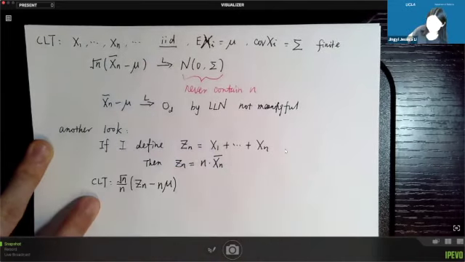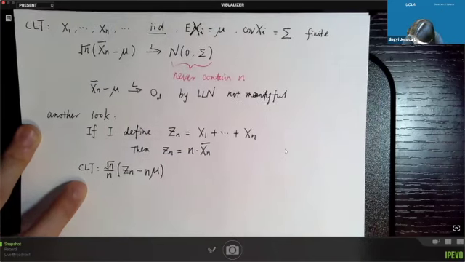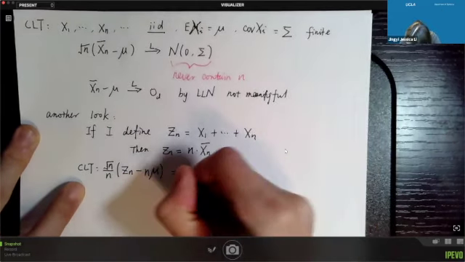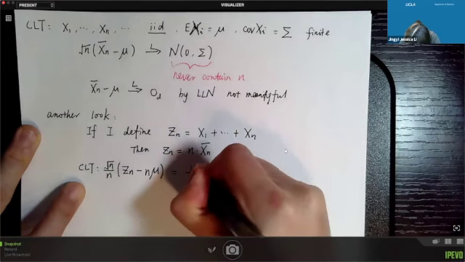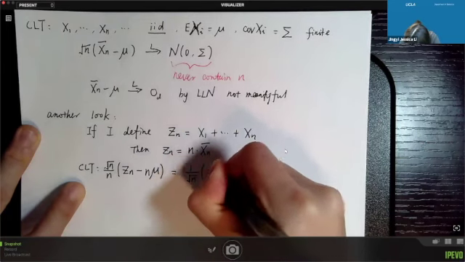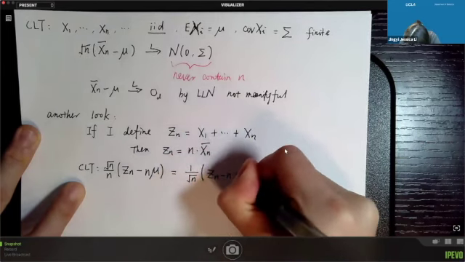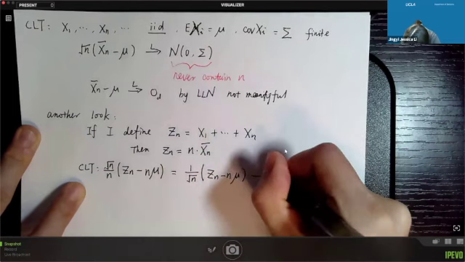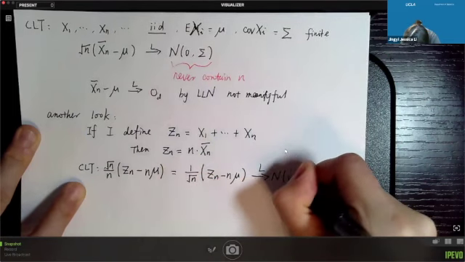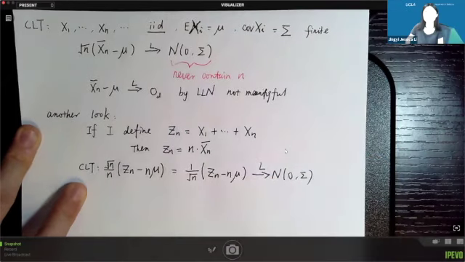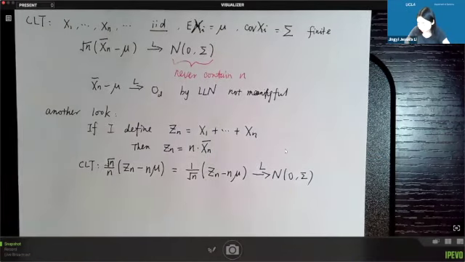This becomes my left-hand side. Essentially, this is equal to 1 over root n times Zn minus n mu, converging in law to the normal distribution. The right-hand side stays the same because I didn't do anything difficult, I just did algebra.